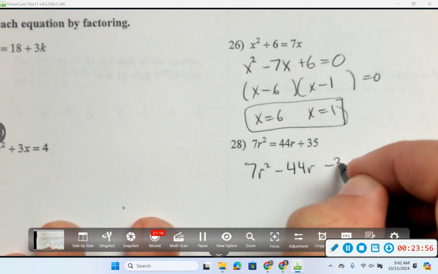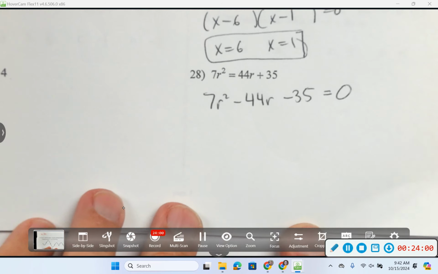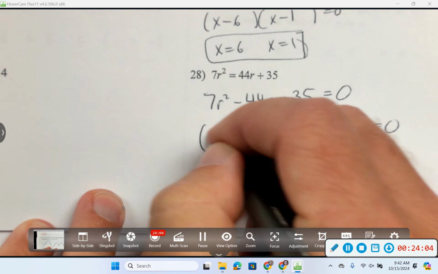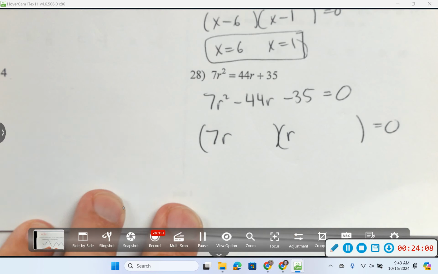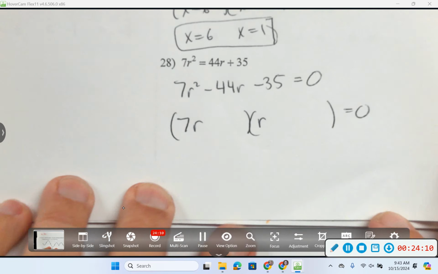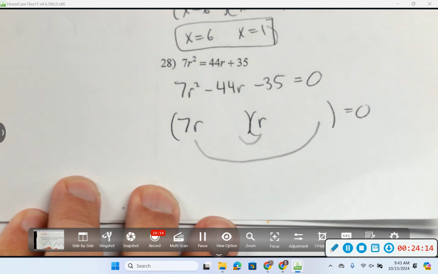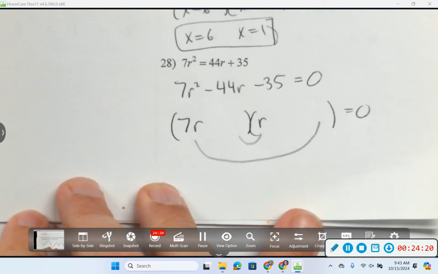28 would be a little bit harder because of the 7 out there. Although, it's got to be 1 and 7. It's the only options for that. 7r and r. Then I'm switching to pencil here because I don't know what I'm going to do to get 44 out of the middle. Let's see. They may be different signs.